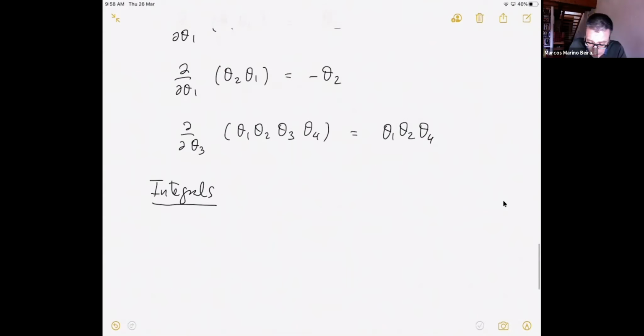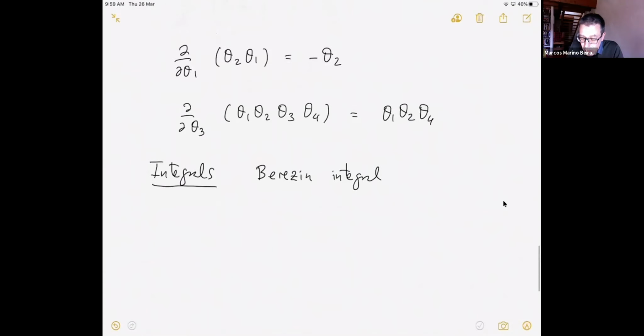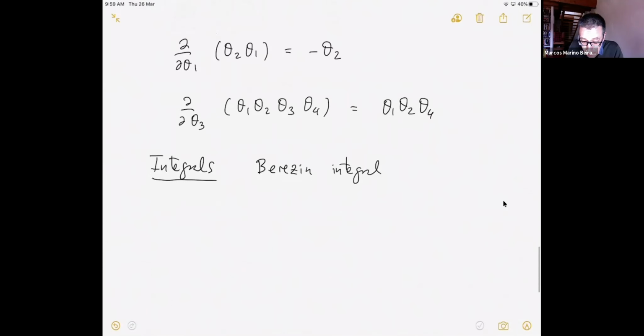For Grassmann variables, the right definition of integral is something which is essentially equivalent to a derivative. So we have to define a very particular integration operation, which is called the Berezin integral, named in honor of the Russian mathematician who developed the theory of Grassmann algebras.